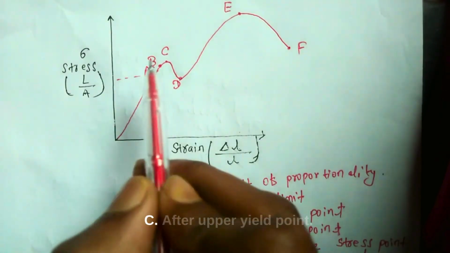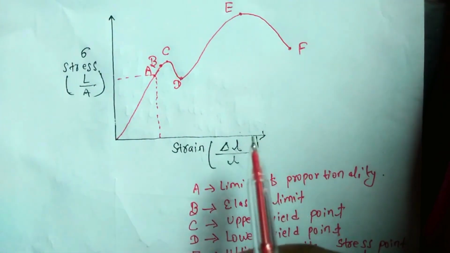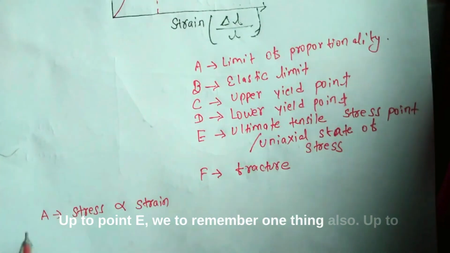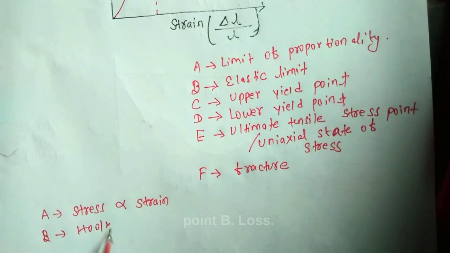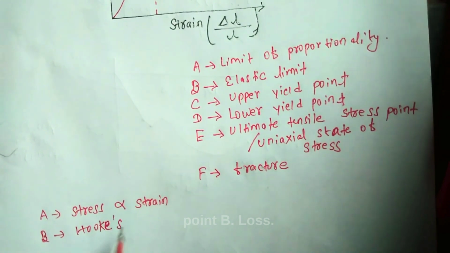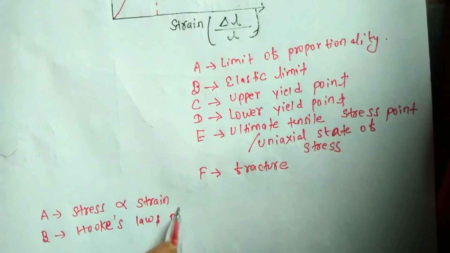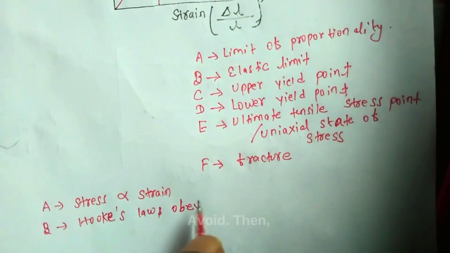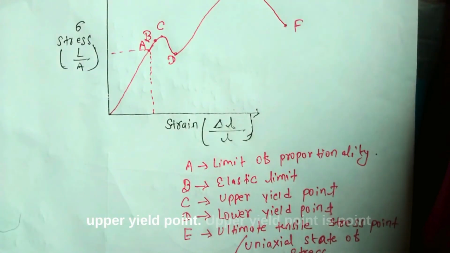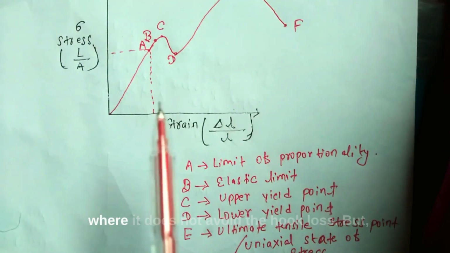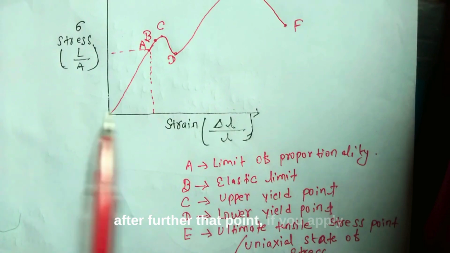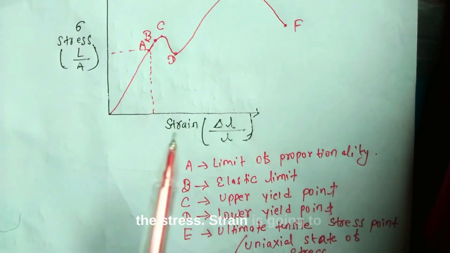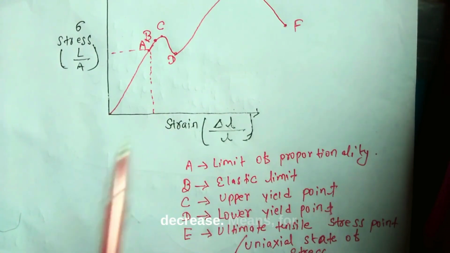After that comes point C, the upper yield point. Up to point B, Hooke's law is obeyed. The upper yield point is the point where it no longer obeys Hooke's law, and beyond that point, if you apply stress, the stress is going to decrease.